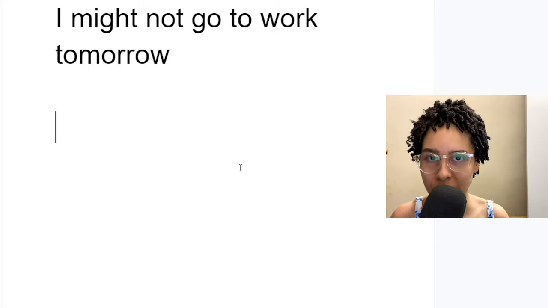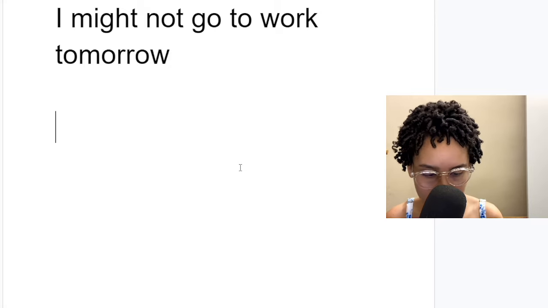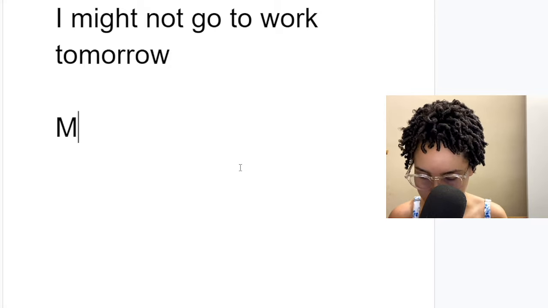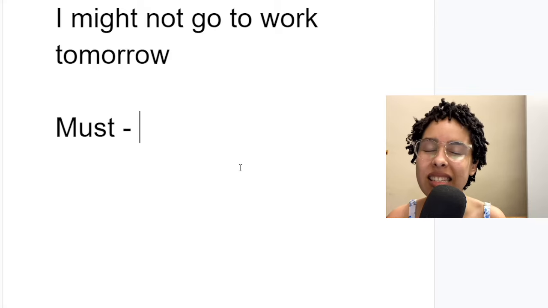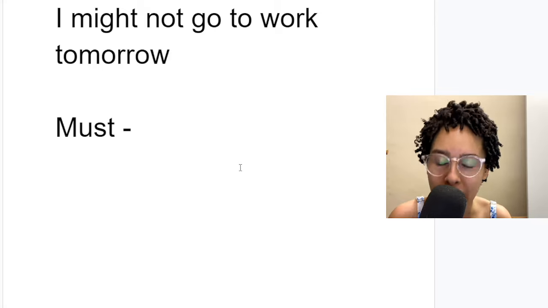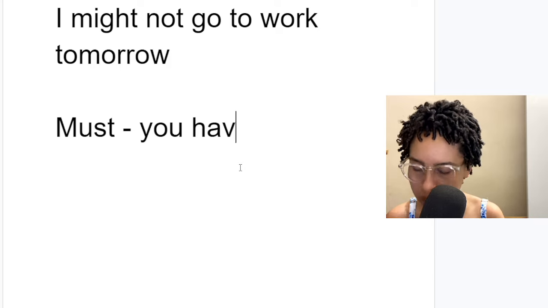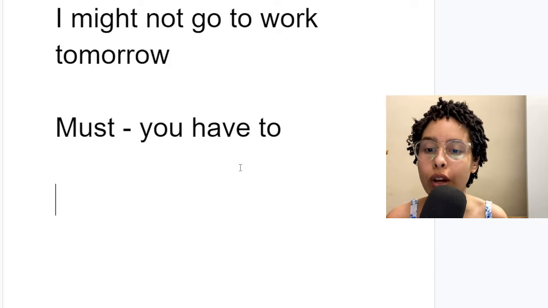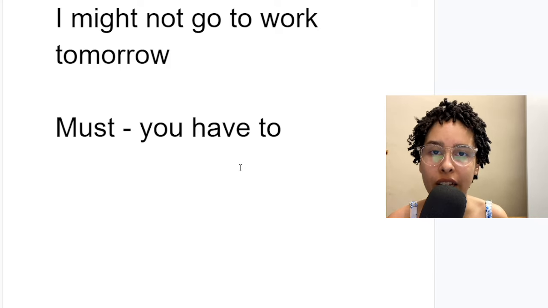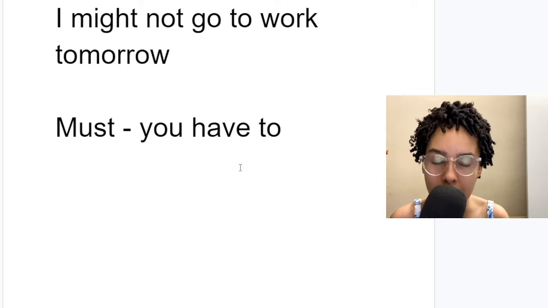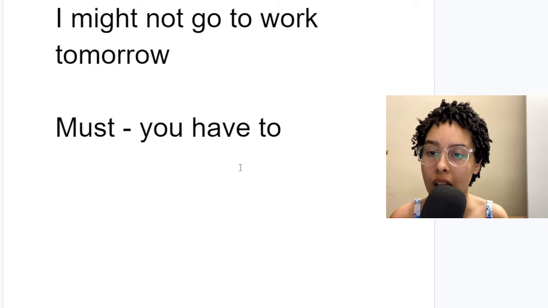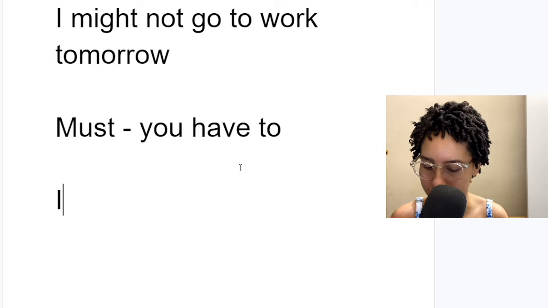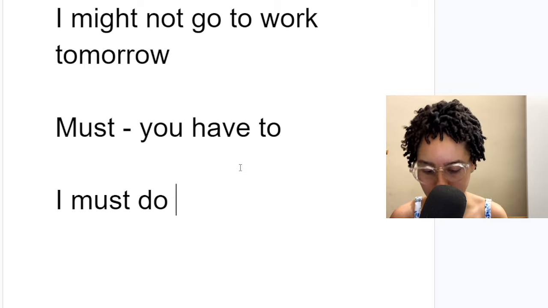Fifth one, the last for this video, is when I say must. Must is something that you have to do. So imagine that you have this task to be done, this task to be completed, and you're like, oh, I must do it.